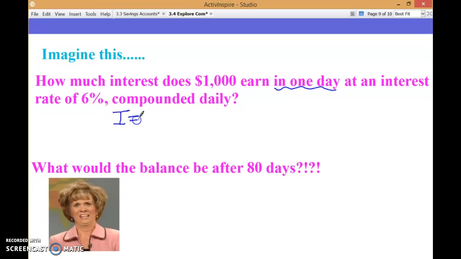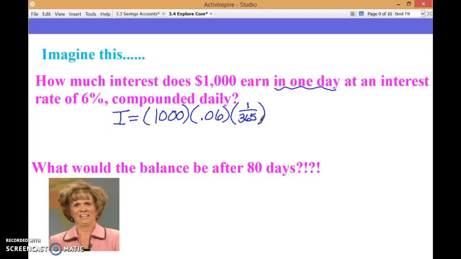Interest equals principal, which is going to be $1,000 times my rate. So 6% as a decimal is going to be 0.06 times my time. My time period here is where I'm compounding daily. So that's 1 over 365, since there's 365 days in a year.